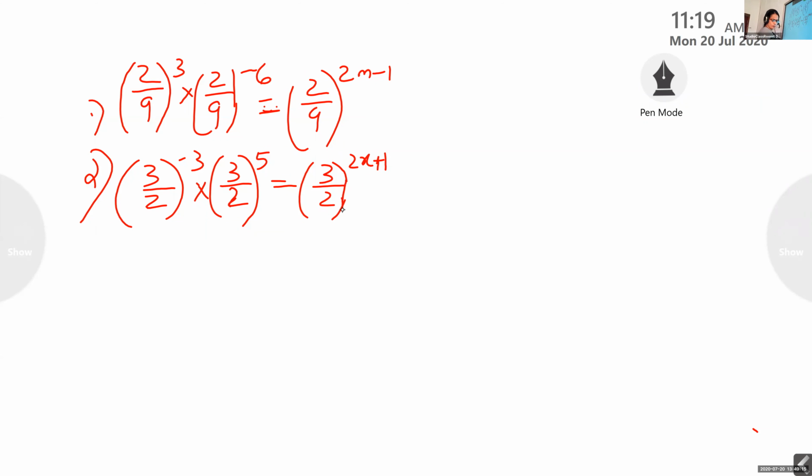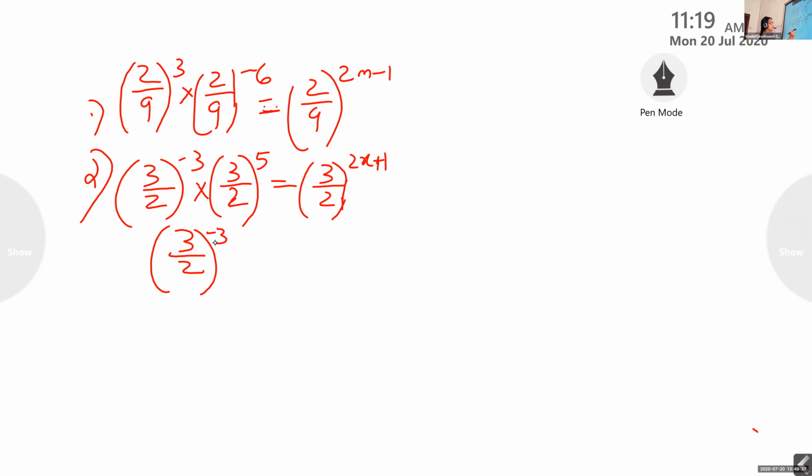And 2 by 3 raised to negative 3 plus 3 by 2 raised to 5. No need to change the exponent, we can add the exponents.